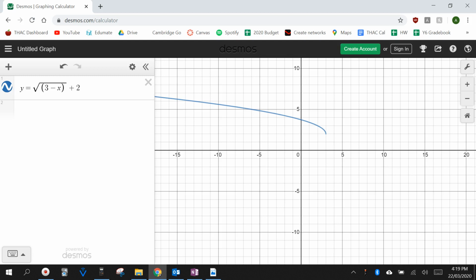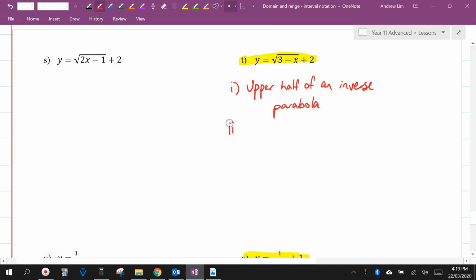Here we can see that the domain, the x values, is less than or equal to 3. So if you want to write that in interval notation, it goes from negative infinity to 3.